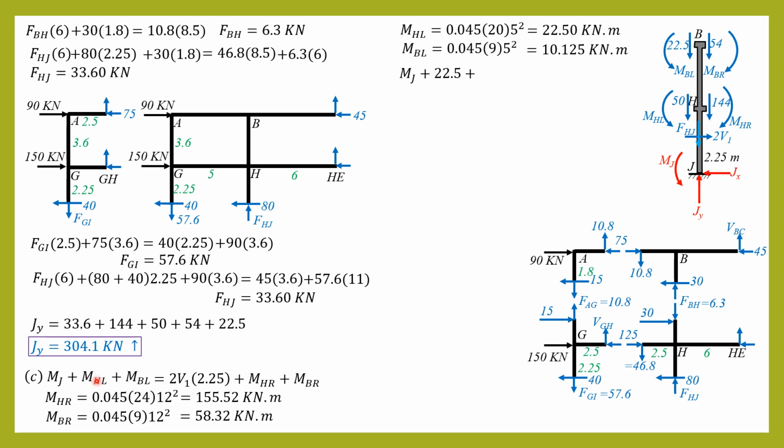Substitute into this equation, MJ plus 22.5 plus 10.125 equals 2V1, which is 80 times 2.25 plus 155.52 plus 58.32. Solving for MJ is positive, so the sense is correct, counterclockwise, 361.2 kilonewton meter. So that's it for this problem.